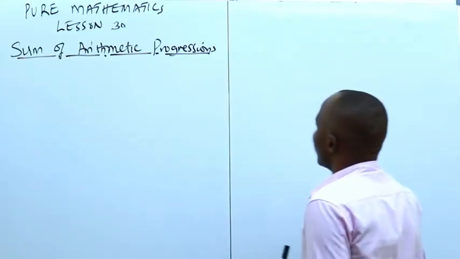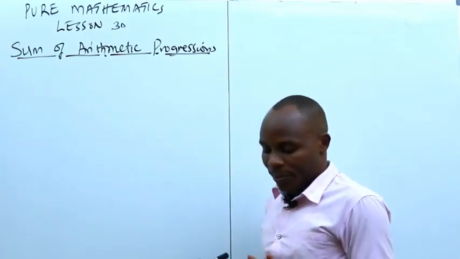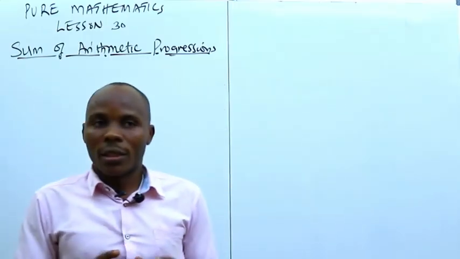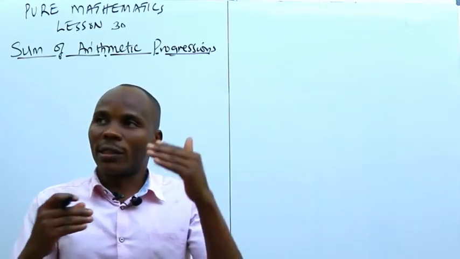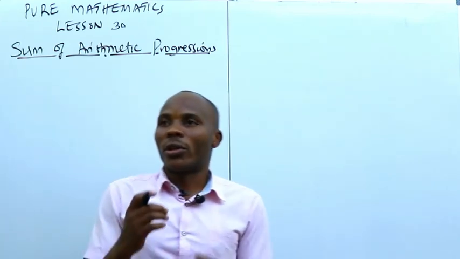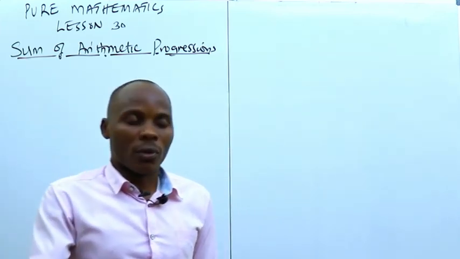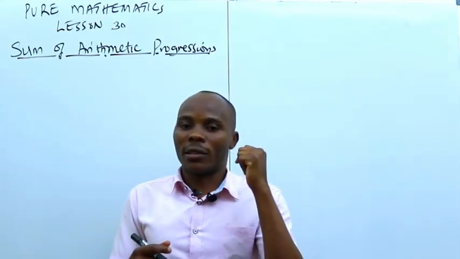For example, we are just making a review. If you look at 2, 4, 6, 8, 10. To generate the next term after 4, we've added a 2 on the previous term.